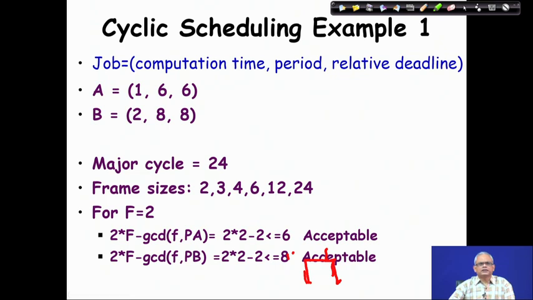So, within one major cycle we will have 7 instances altogether, considering both A and B. Now, let us try to choose the frame size.